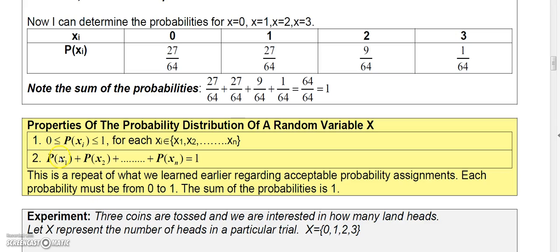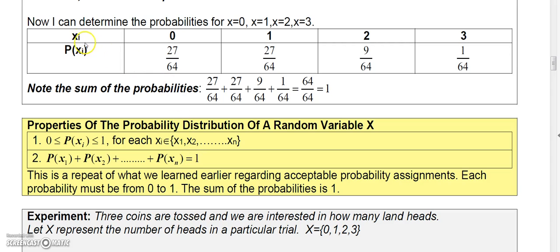We're going to start this video with the properties of the probability distribution for a random variable x. First of all, you've seen something similar to this before, but let me just tell you that all of the probabilities for the random variable must be from 0 to 1. And if you sum up the probabilities of all of these values, they must equal 1.